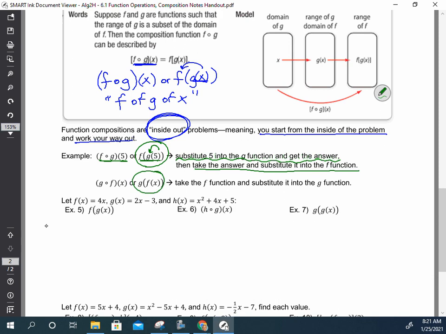If you are working with just variables, or just the function itself, you take the g function and plug it into the f function. Again, you start from the inside and you work your way out.